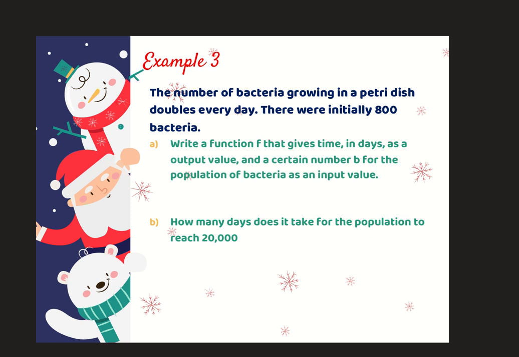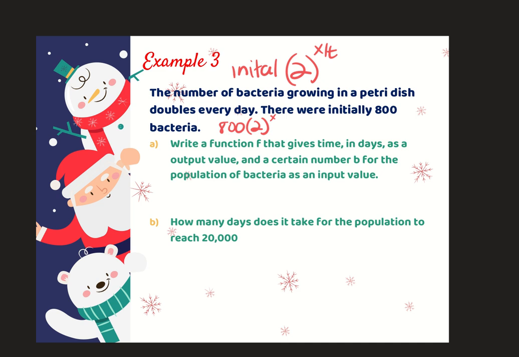So that parent function is the initial times 2 to the x over t, where t is how long it takes to double. Hopefully we remember something like that, okay? That is your doubling formula. So what is the initial value? 800 times 2. And x over t says the number of times it takes to double.